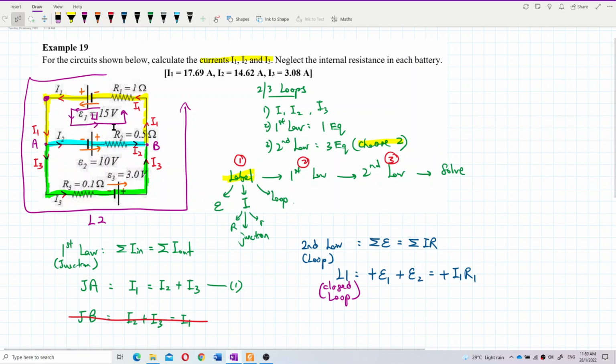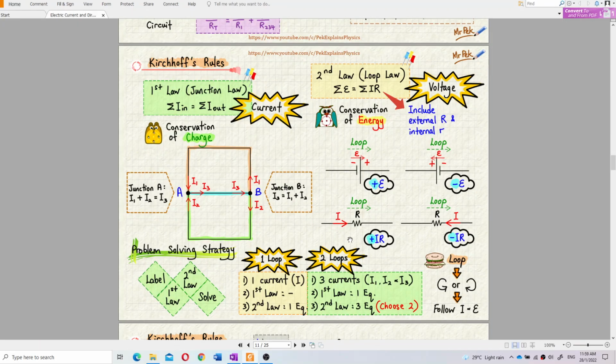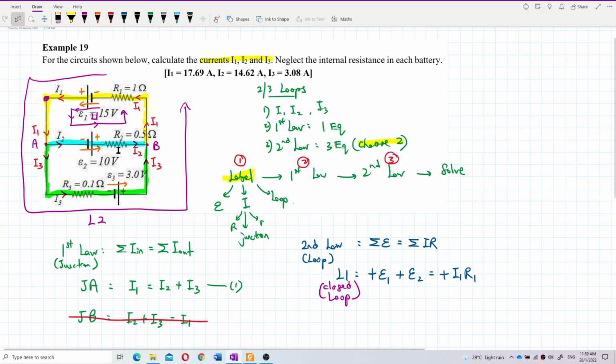The bottom part of loop L1 is to the right, and this current I2 is also to the right. So the current is in the same direction as the loop. When current and loop are in the same direction, it is positive IR. So it is positive I2 R2.